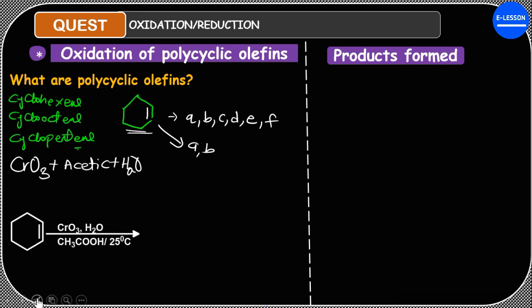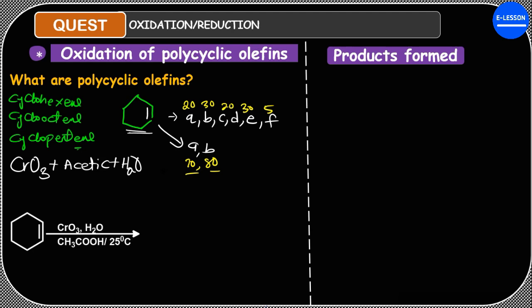What can you infer from here? You can infer that the others will be in small proportions, or small amounts. Like this one may be 5 grams, while this one may be 70 or 80 grams, or 80% yield. Is that understood? So because it leads to the formation of a variety of products, it is not a good synthetic tool for the oxidation of alkenes.